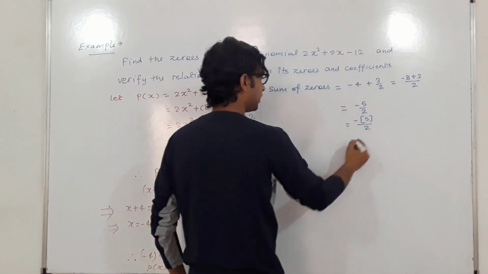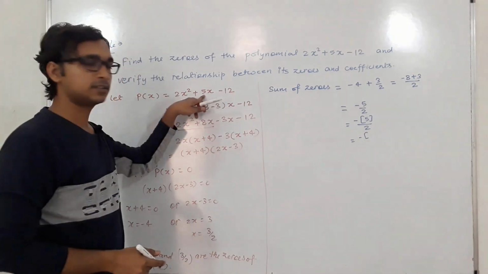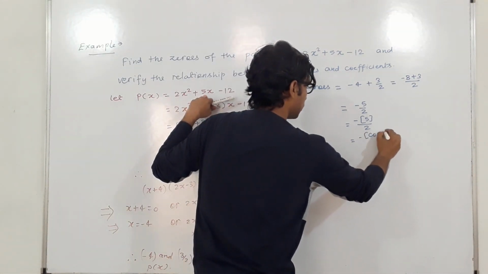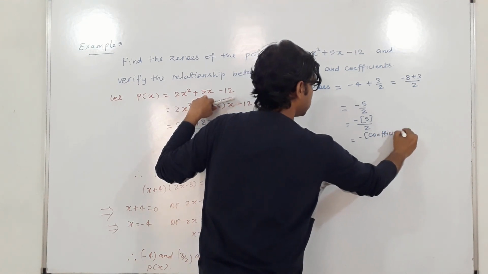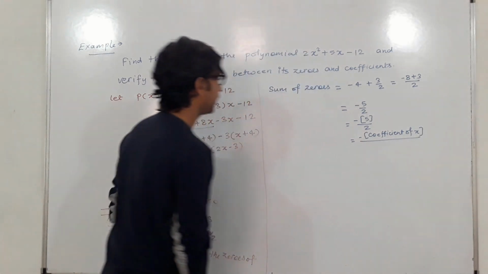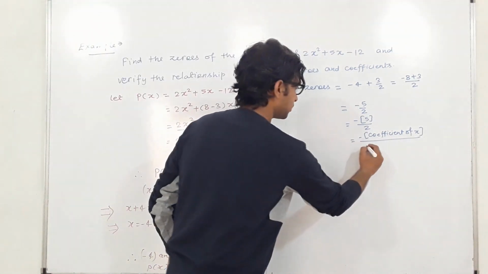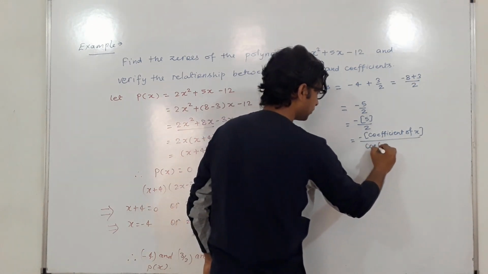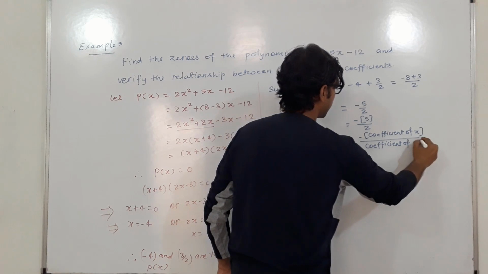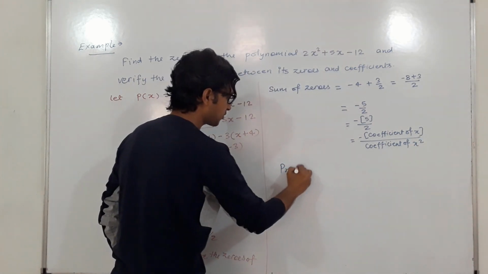Now look here, 5 is the coefficient of x, and 2 is the coefficient of x square, so we write here minus coefficient of x upon coefficient of x square.